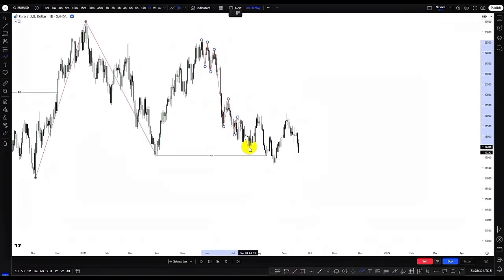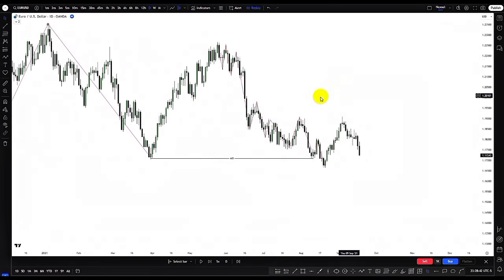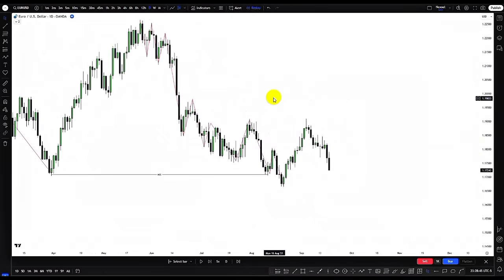We continue further to the downside. We had a fall here, a valid pullback, a fall here, a valid pullback, and then a fall here.